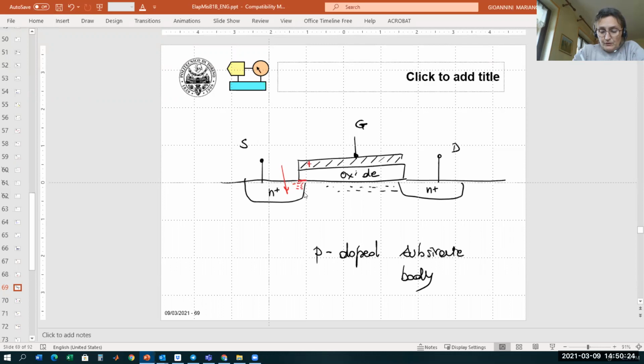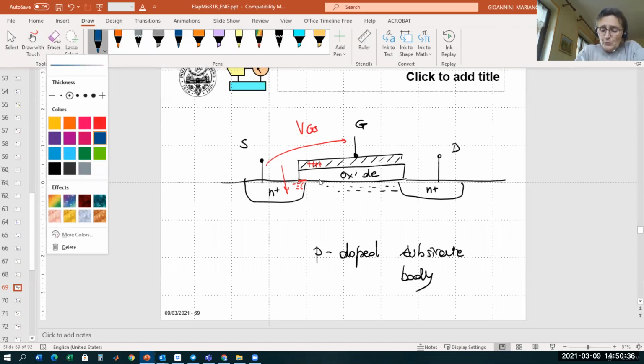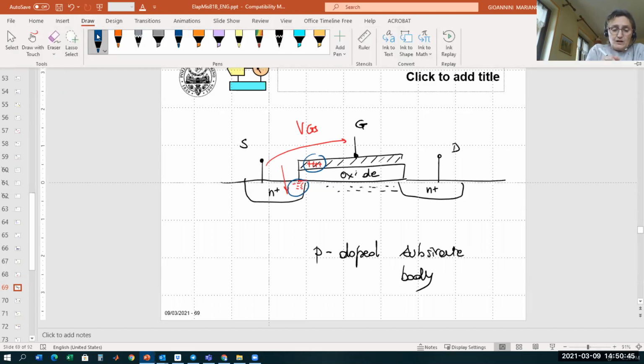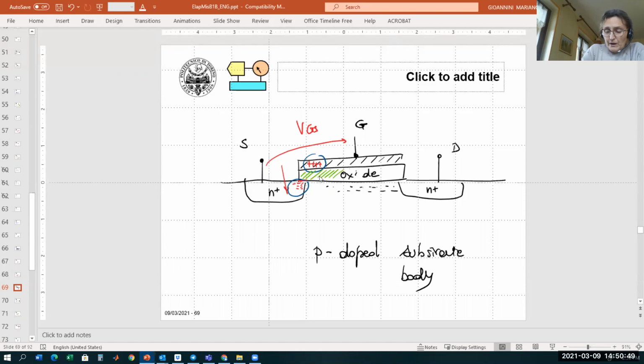Here you have the accumulation of plus charges because you apply the voltage VGS. And as you can see in this very simple picture, we have here at this interface an accumulation of minus charges and plus charges, which are separated in between by the oxide.